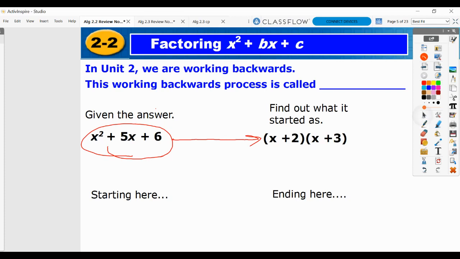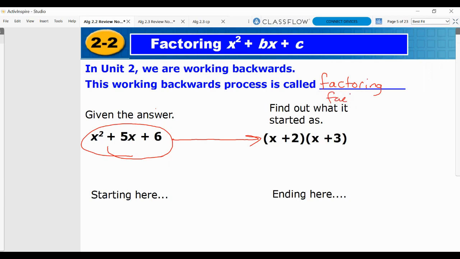We're trying to see what did it look like right here. That process of working backwards, the word for that is factoring, or we say to factor. That's our algebra language for working backwards. So let's take a look at how we would go about doing this.